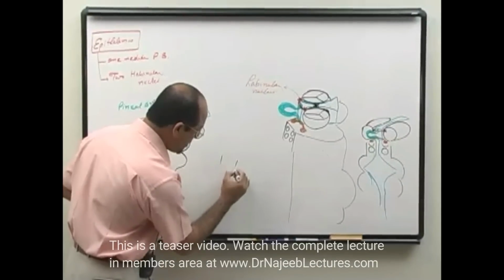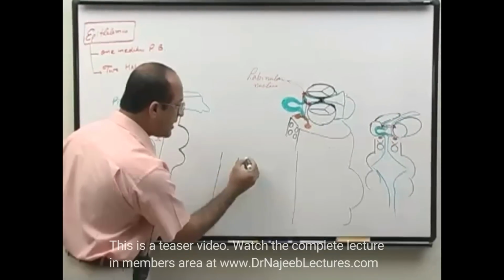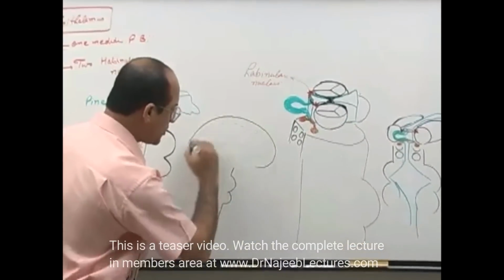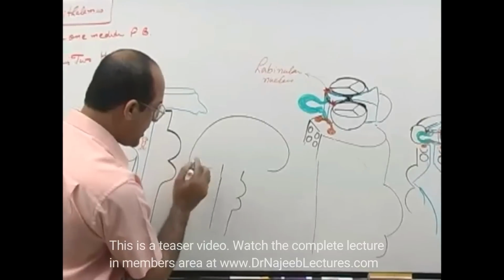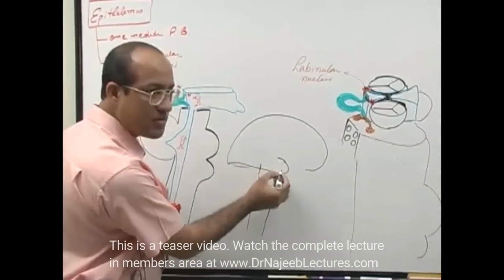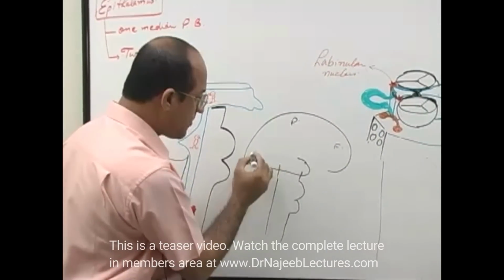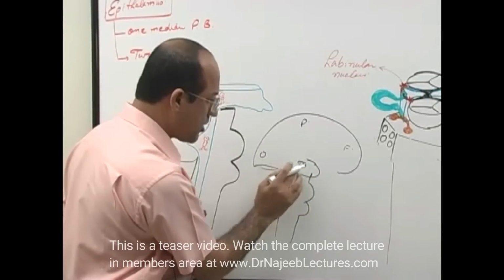Here is your midbrain, pons, medulla, brainstem. Here is your cerebral hemisphere. You know about the cerebral hemisphere? This is frontal lobe, parietal lobe, occipital lobe and temporal lobe.